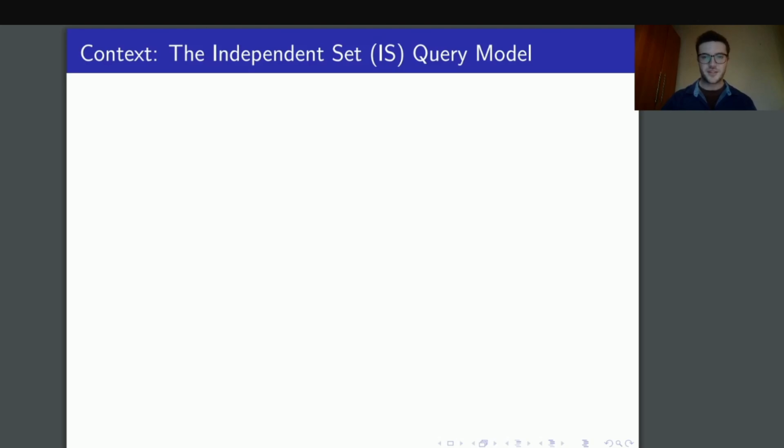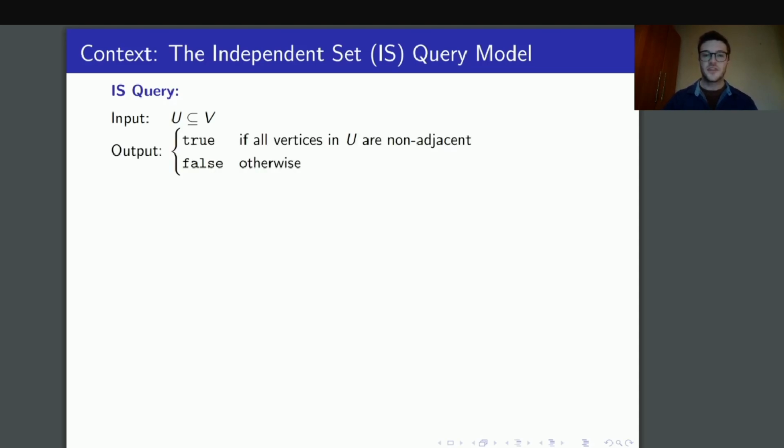A reason we initiate the study of graph reconstruction using maximal independent set queries is because there are known results for graph reconstruction using a similar type of query, the independent set query. Here, the independent set query takes as input, again, a subset of the vertex set, but this time it outputs a Boolean. It simply outputs true if all vertices in that queried subset are non-adjacent, if they could all belong to an independent set, and otherwise it returns false.